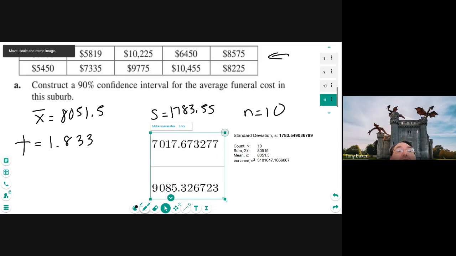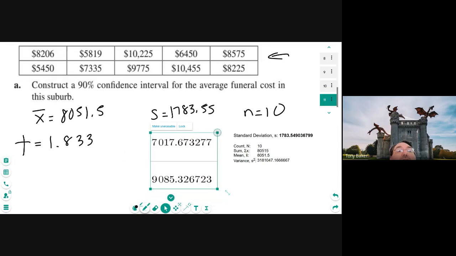Yep. So degrees of freedom of 10 or 9. Then you're going over to 0.10, because that's 90%. So 9 and 0.10 is 1.833.